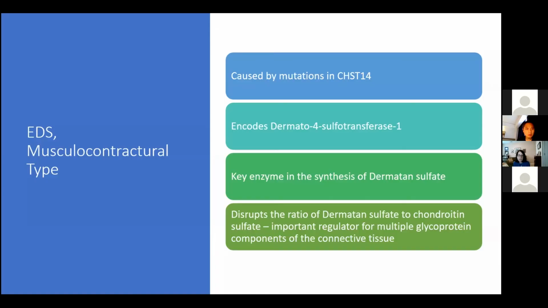And this condition is caused by mutations in CHST14, which encodes an enzyme called dermatan-4-sulfotransferase, which is key in the synthesis of dermatan sulfate. And so if you're not creating dermatan sulfate, it disrupts the ratio of dermatan sulfate to chondroitin sulfate, which is an important regulator for multiple glycoprotein components of the connective tissue.